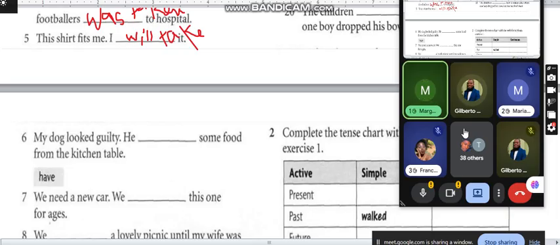Is it active voice in the present simple tense, present continuous tense, present perfect tense, past simple tense, past continuous tense, past perfect tense, future simple tense? What tense in the active voice? Present simple tense. So this is going to be, my dog looked guilty. He takes some food from the kitchen, right?